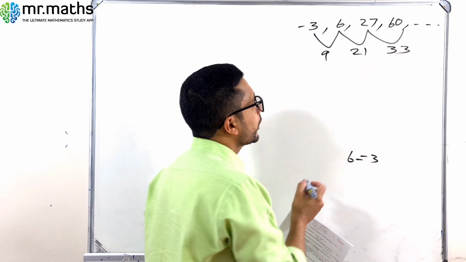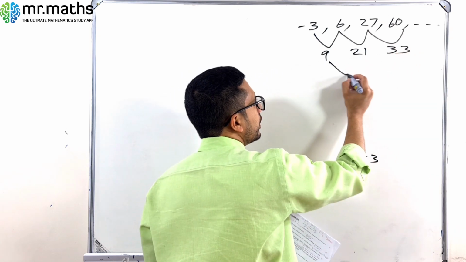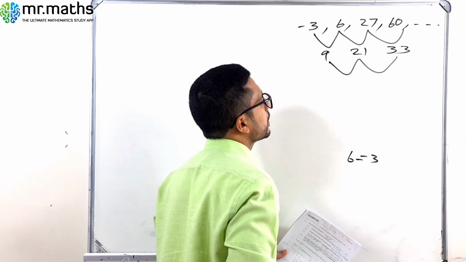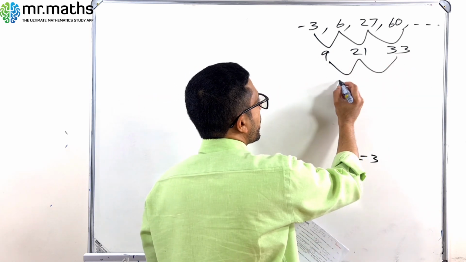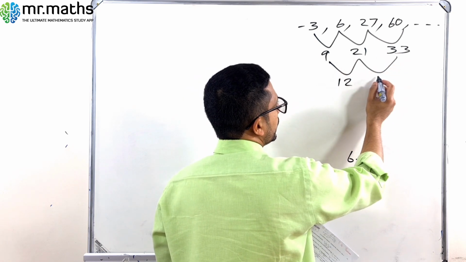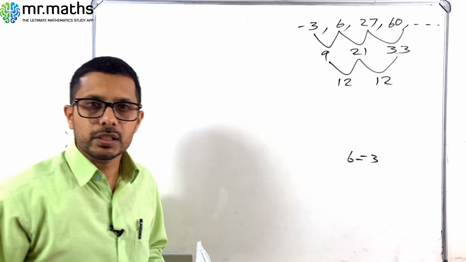Am I right? Okay. Now 21 minus 9. I'm going to find the second difference now. 21 minus 9, so it is 12. Then 33 minus 21, that one is also 12. So the second difference is 12.